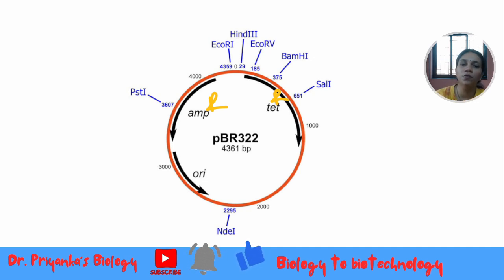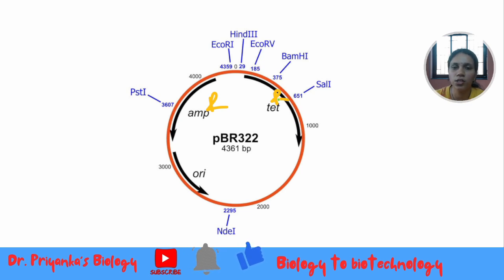So, identification of the recombinants. How do we go about it? In most cloning vectors, insertion of DNA into a fragment of plasmid normally destroys the functionality or the integrity of the genes present on the molecule. This is what we had already discussed in one of the earlier sessions.